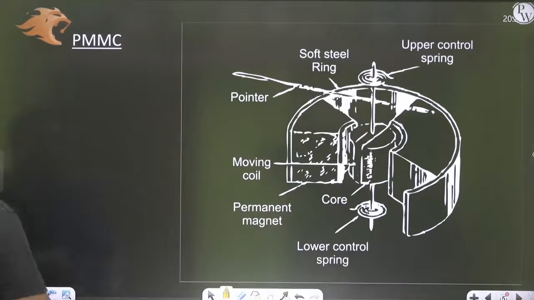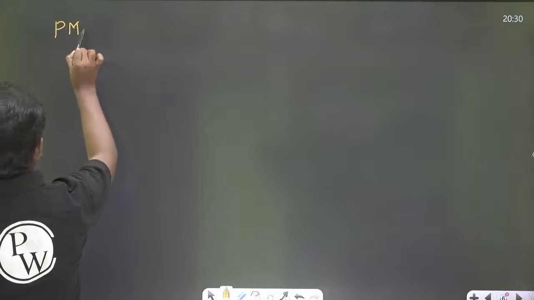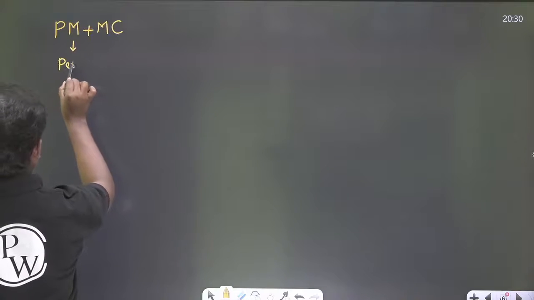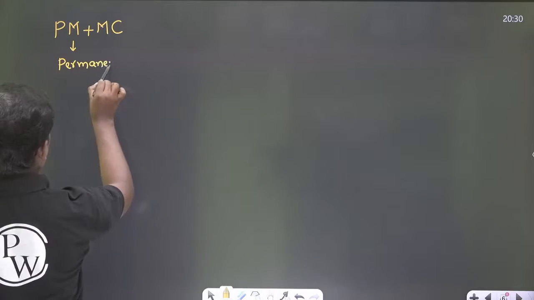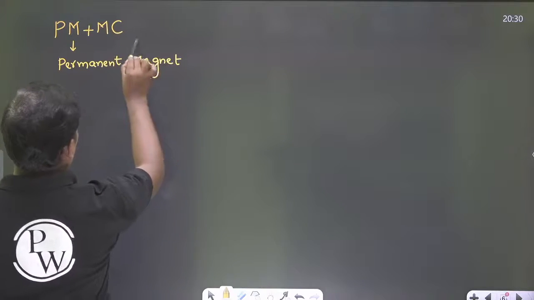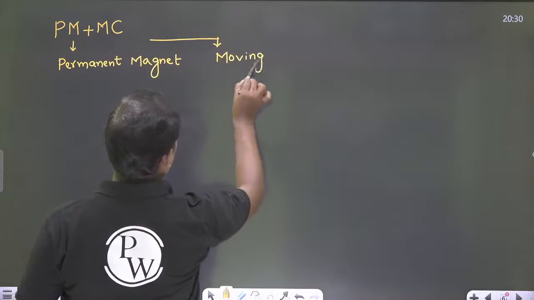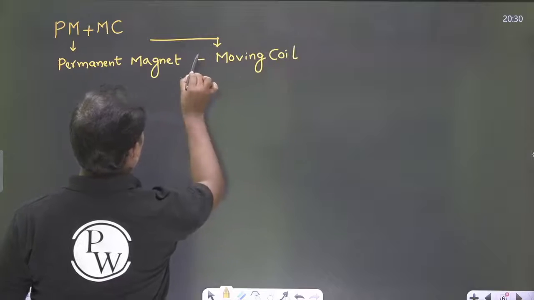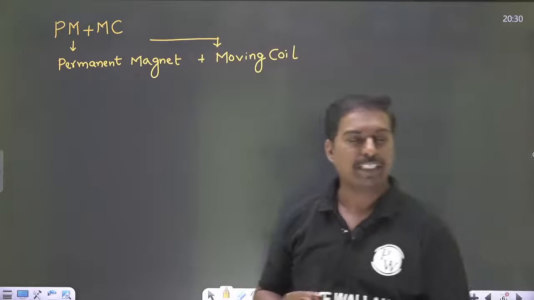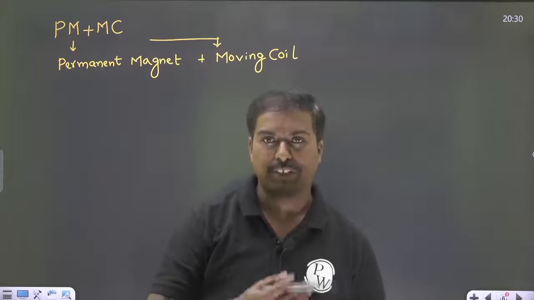The major features of the PMMC: one is the permanent magnet, the other one is the moving coil. The permanent magnet generates the magnetic flux, and the moving coil is the reason for the deflection.